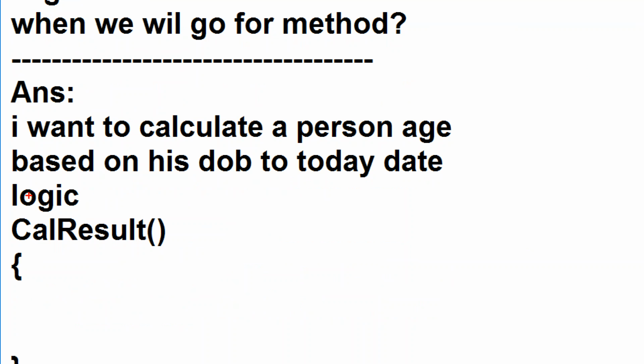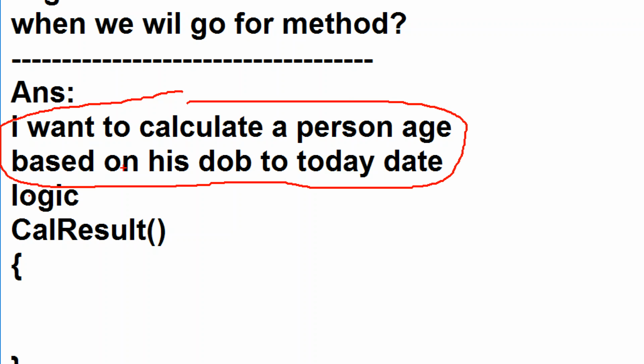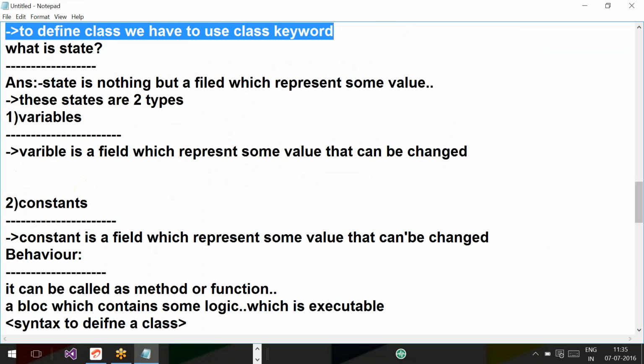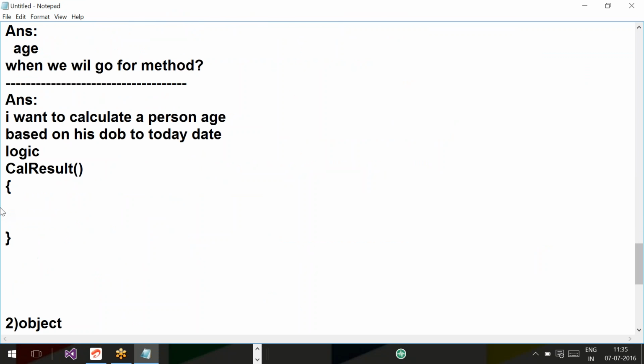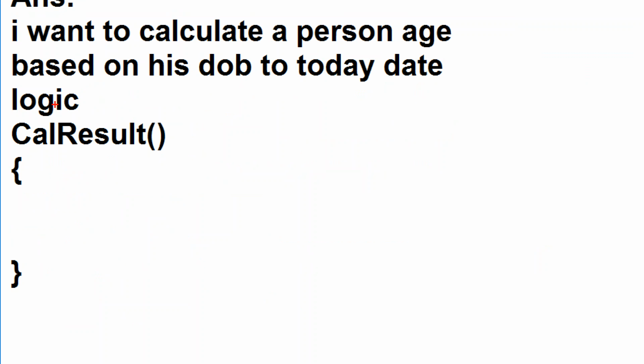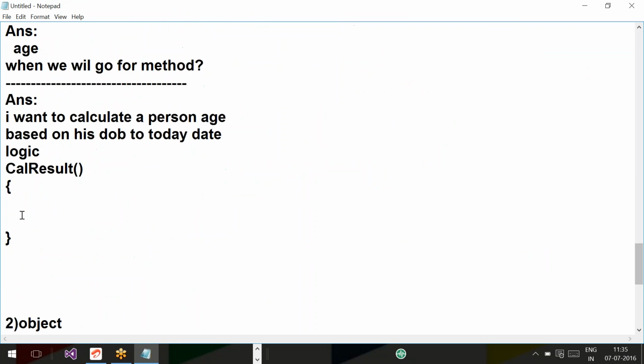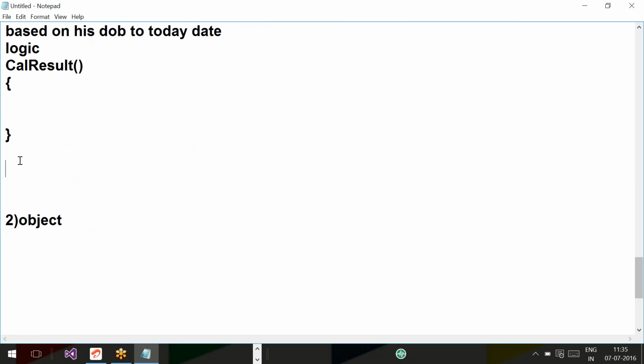For example, to calculate a person's age based on his date of birth to today's date, we go for a method called calAge. To calculate a person's result based on his three subject marks, we go for a method called calResult. That's it. Now let's discuss variables in depth.